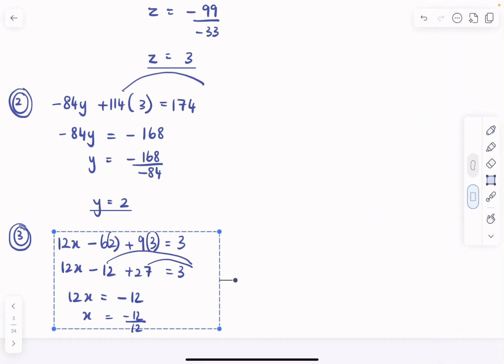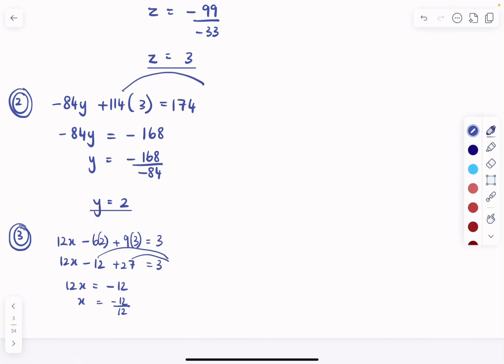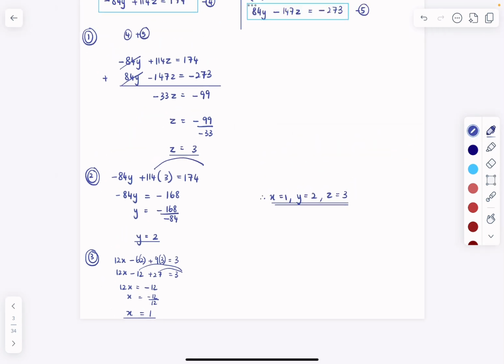So negative 12 over 12 is just 1. Done. So to conclude, we can say x is 1, y is 2, z is 3. Done. This will be our final answer.